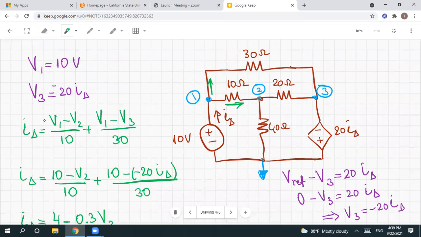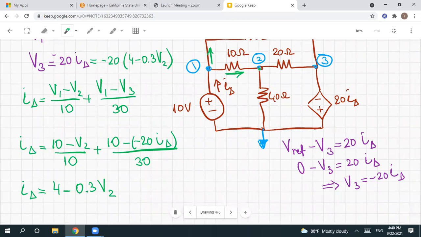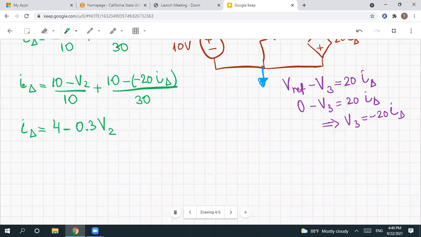Now I can take this value and put it here. It will be negative 20 times I delta, and I delta here is 4 minus 0.3 V2. So now I see that V1 is given, V3 is represented through V2, and now I can write KCL for node 2.